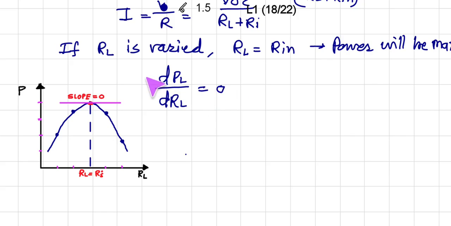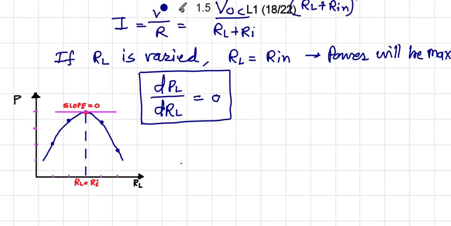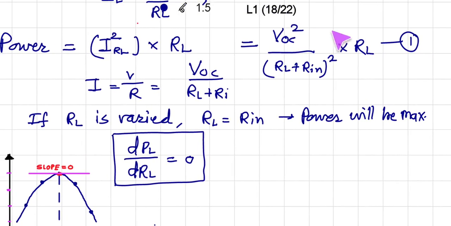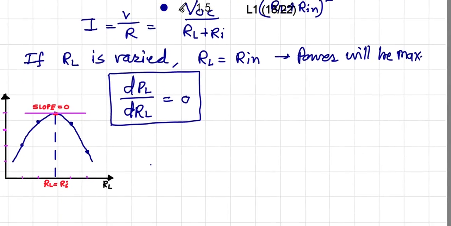So it is the condition for maximum power. Power will be maximum when dPL by dRL is equal to 0. We already saw equation 1, where we got the value of power. Now we are going to differentiate this equation with respect to RL.